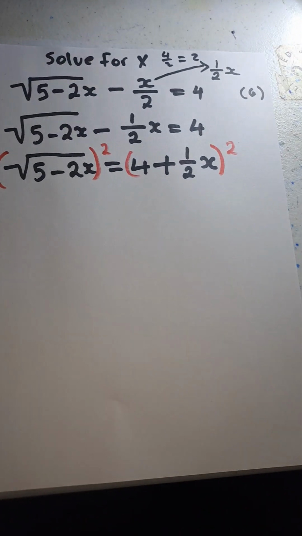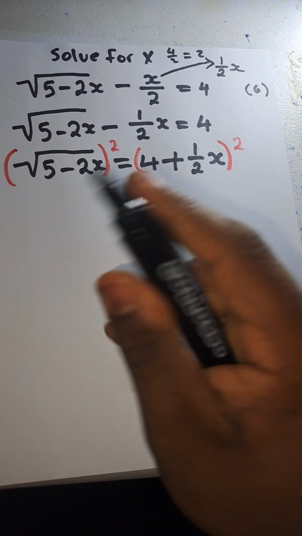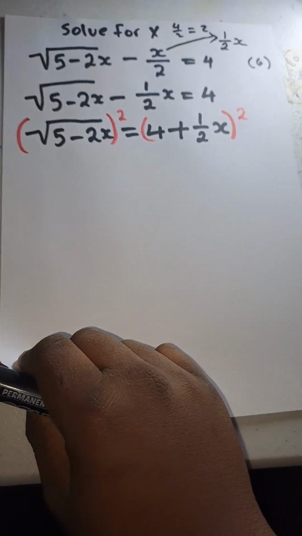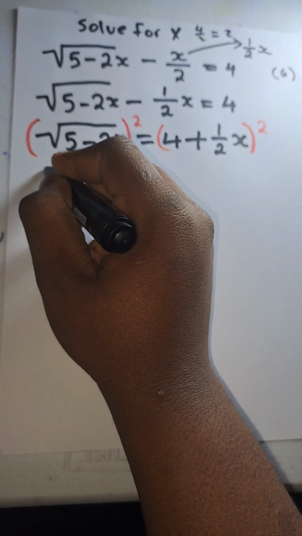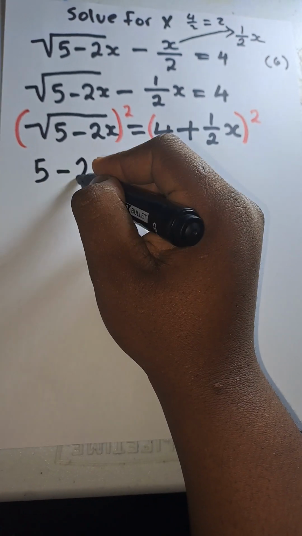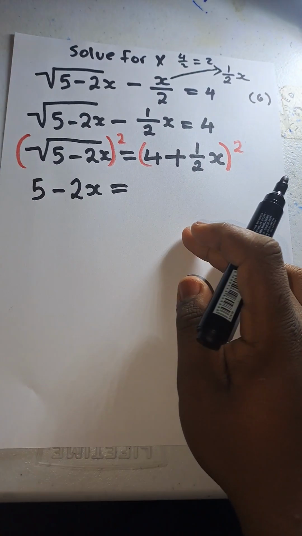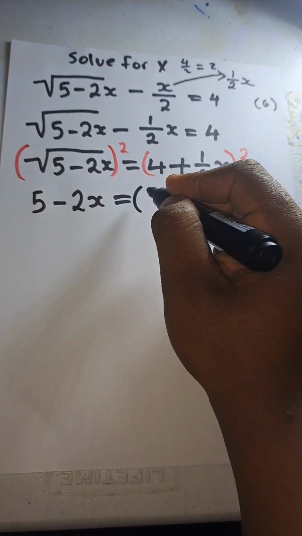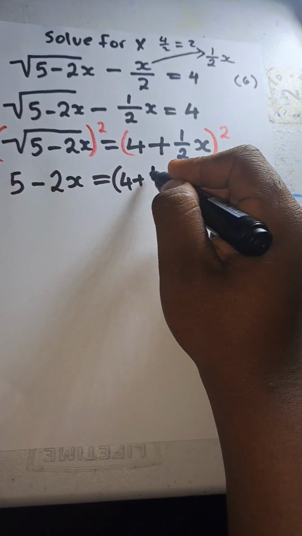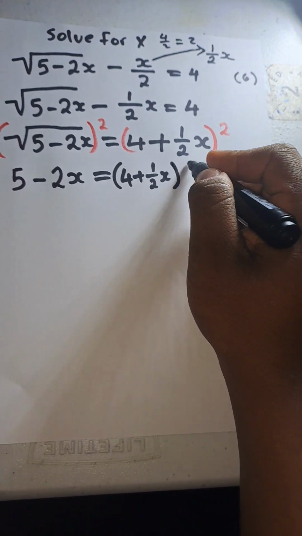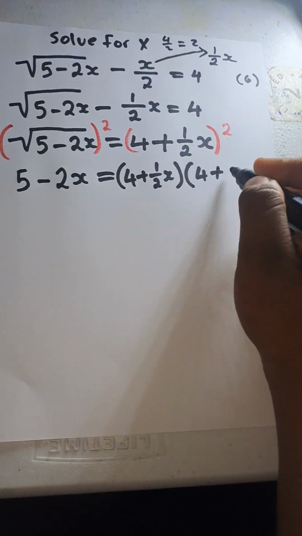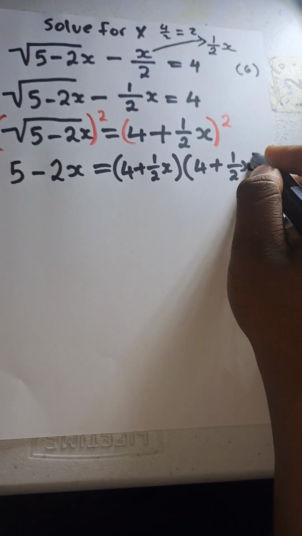I'm going to be left with 5 minus 2x on this side. Equals, since this one is squared, I'm going to do things step by step: 4 plus half x, and then 4 plus half x, right?